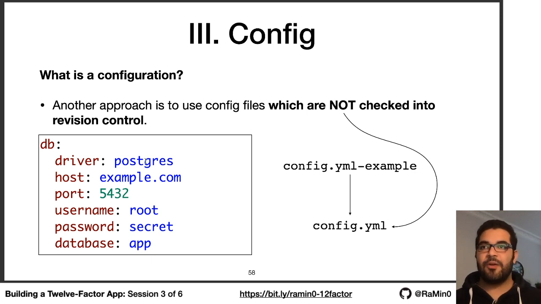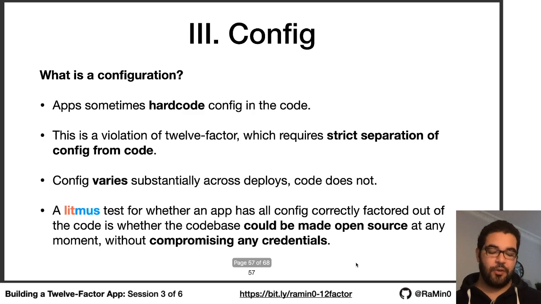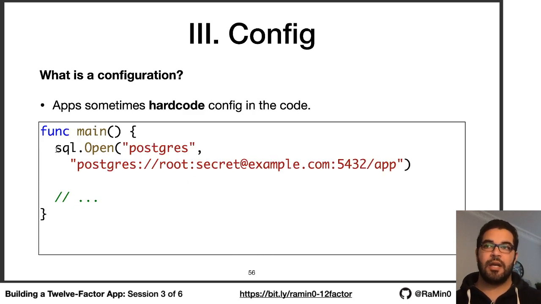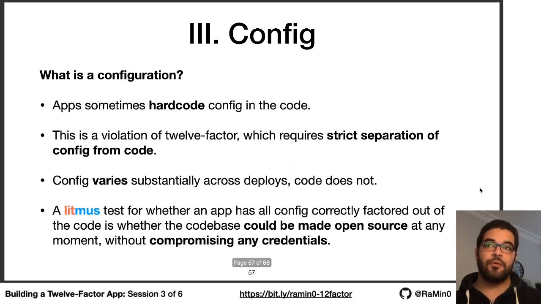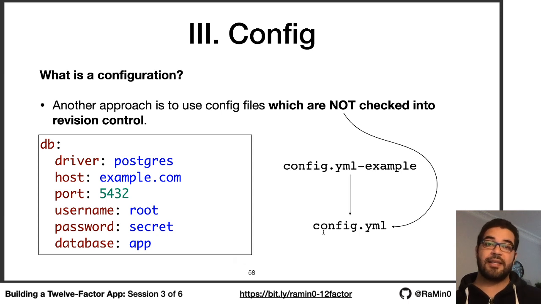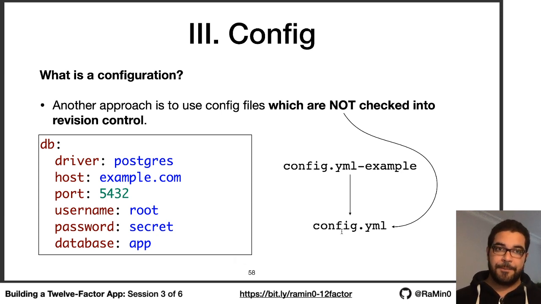In this example, we have this DB config, which is short for database. It has a driver, a host, a port, username, password, and a database name. And we can see these are the same values that were included before in the hard-coded example we saw over here, except that instead of being inside of the code, we extracted them into a file, and in this case it's called config.yml.